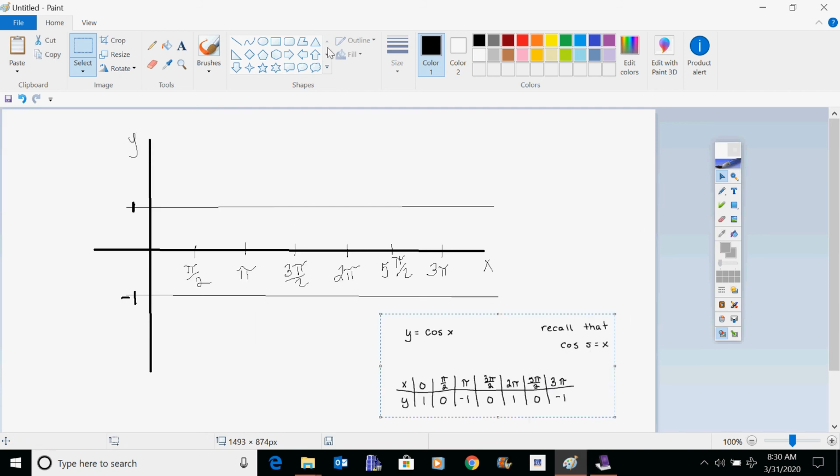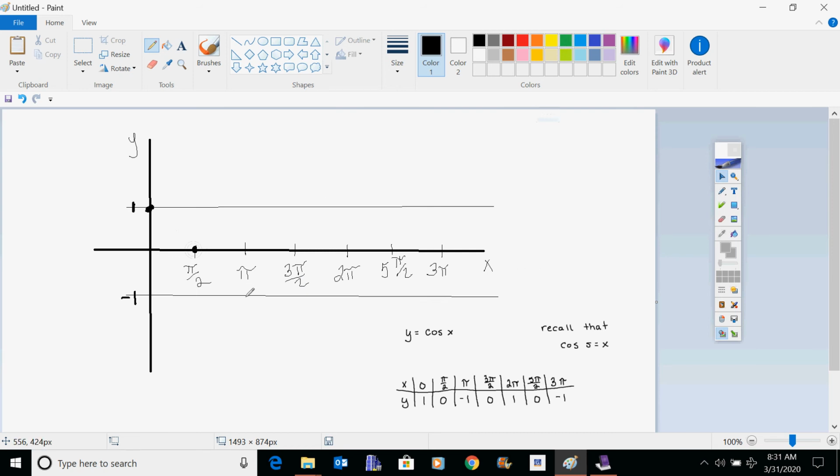We're looking at our values here. At x equals 0, y equals 1, which is different than what happened on the sine graph. At x equals pi over 2, y equals 0; these zeros are still super important.